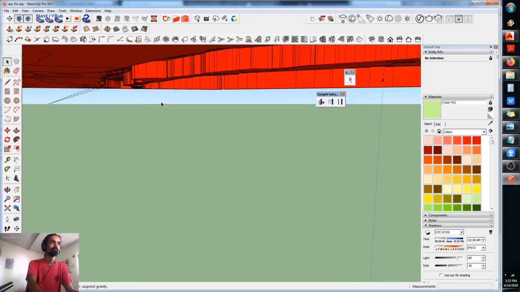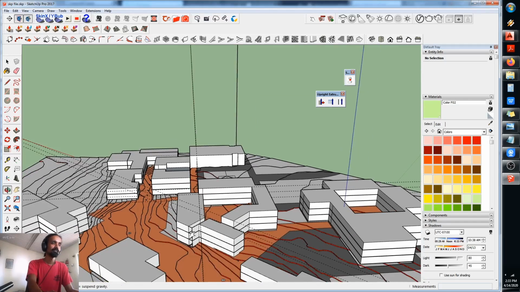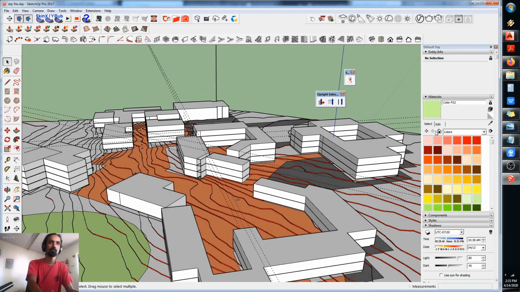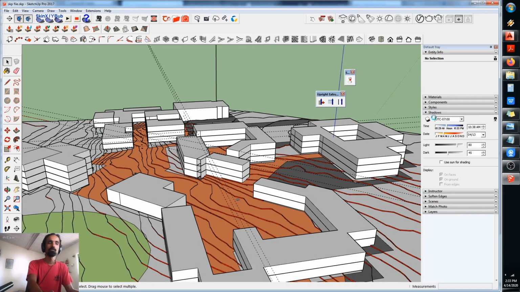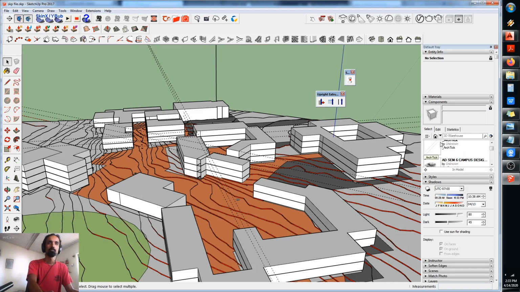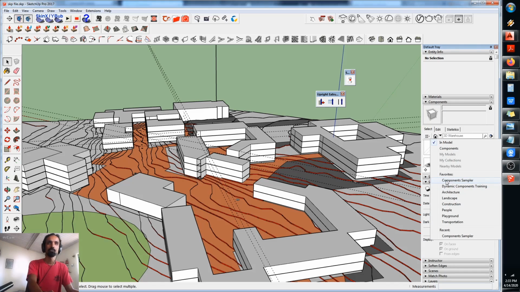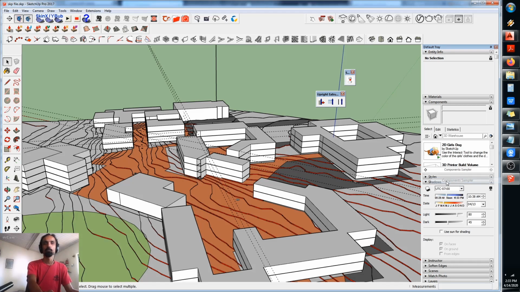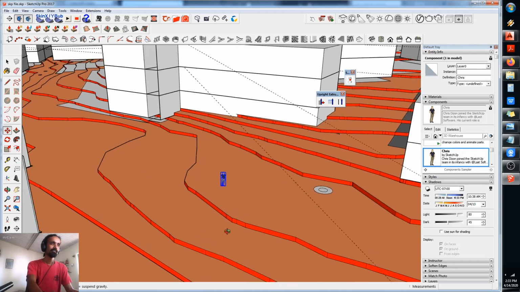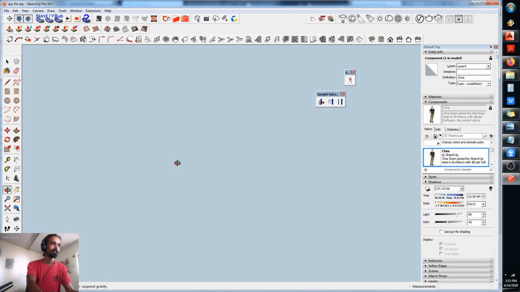The second thing also that I think your SketchUp is going to give you a lot of help for is in terms of understanding the scales of space. So for this, all I need to do is drop a person, which over here in components I can go to component sampler, which gives me the ones that are there automatically in the library. I can scroll through and look for Chris, and I place Chris over there.